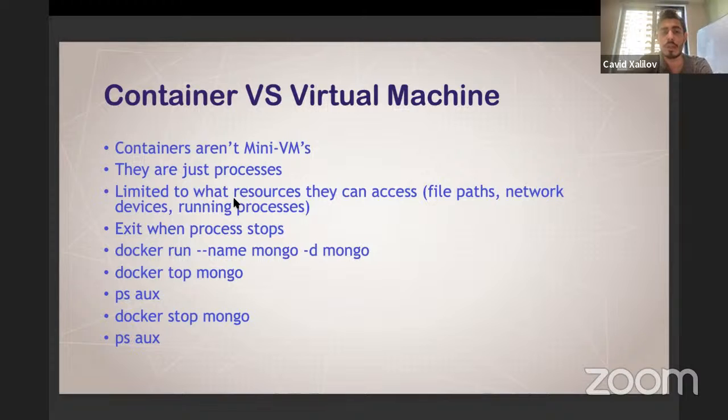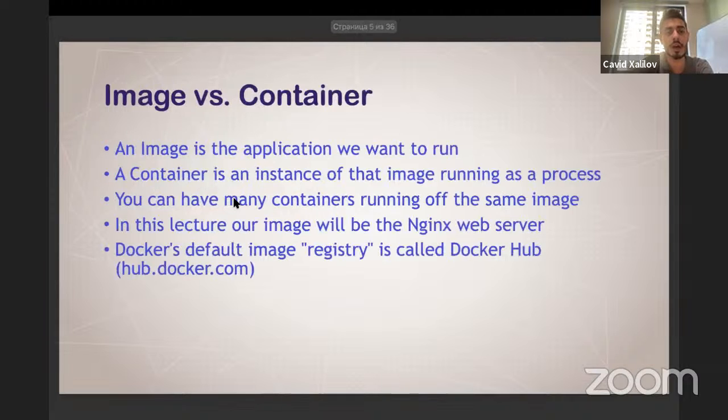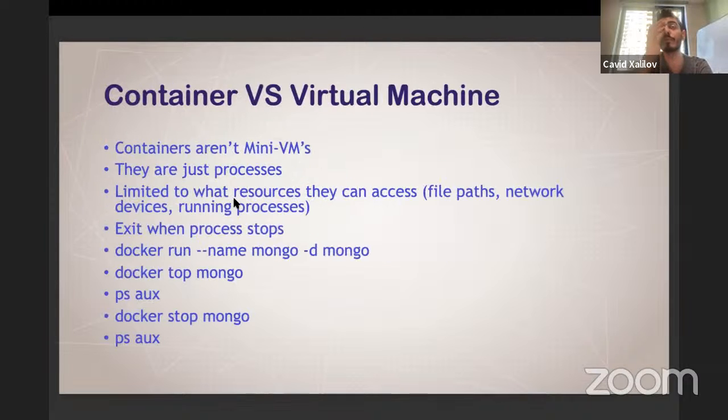In a virtual machine, you absolutely distribute the server into two or more parts. So it has distributed CPUs, distributed storage, RAM, CPU, and everything. But containers are processes.